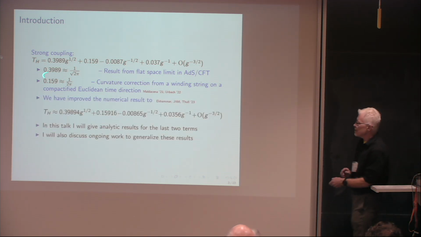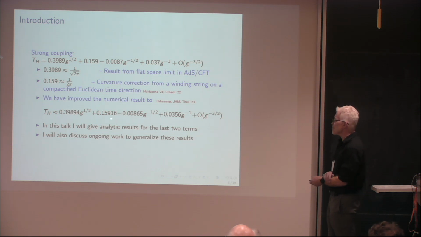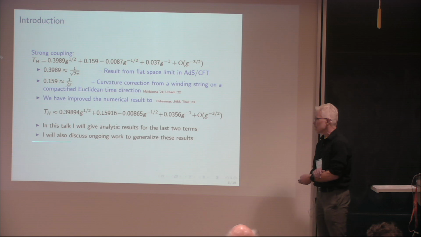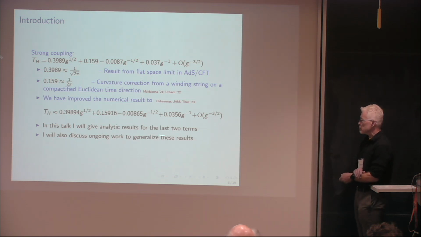We've actually improved the numerical results that they had, and this is what we have. The purpose of this talk is to give some analytic results for these last 2 terms, and I'll also discuss some ongoing work to generalize these results.